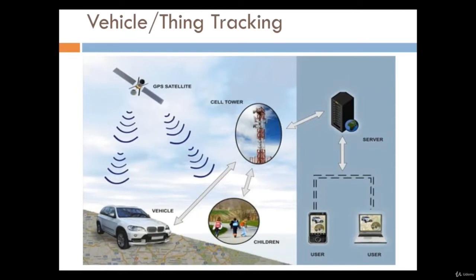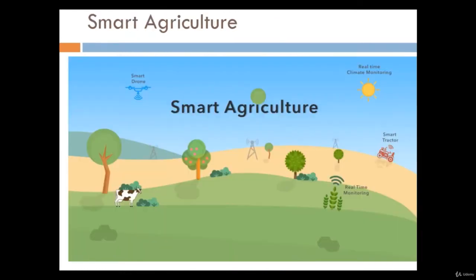Such things can be tracked very easily. We can have a module installed on that particular product, and you will be able to get the data of that thing, and then you can easily track that module.